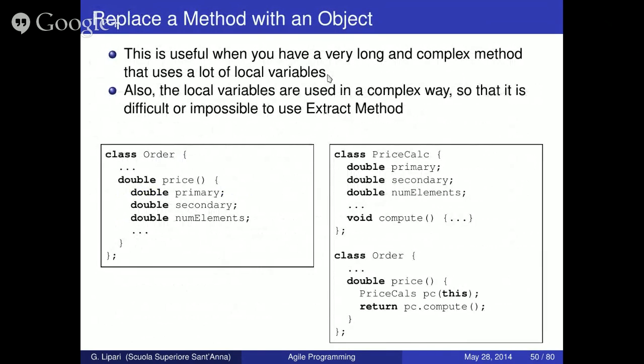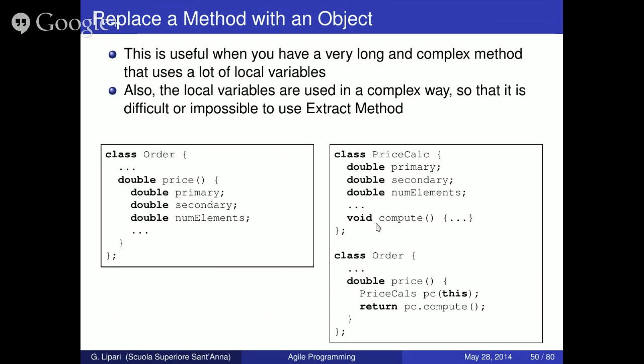Let's see how it works. So you have a class order and you have a method price, which has a lot of local variables, primary, secondary, numeral elements, and so on. You are going to create a new class that you call price calc, and the local variables in the method become member variables of this new class.